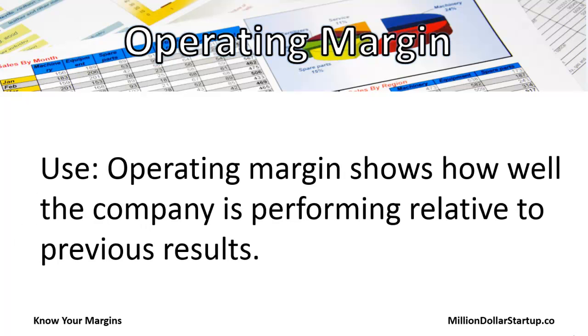And you use operating margin to tell you how well the company is performing relative to previous time frames. So that's very important to know the trend of your profit margins, whether they're increasing or decreasing, and it also tells you if you see a big change, if you need to cut on costs, or if you need to operate for more sales volume.